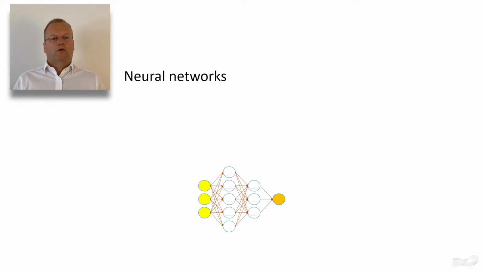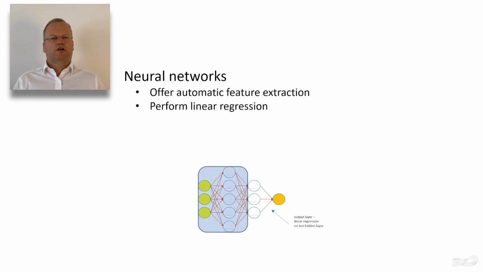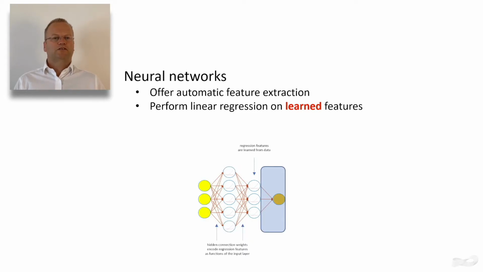We work with neural networks because they offer automatic feature extraction. Neural networks perform a linear regression on a set of features which they extract from data by themselves and encode in their hidden connection weights. As a result, they learn from simulated data alone.